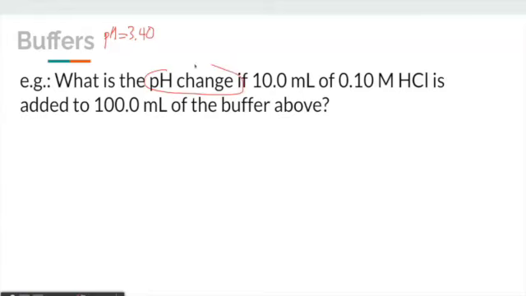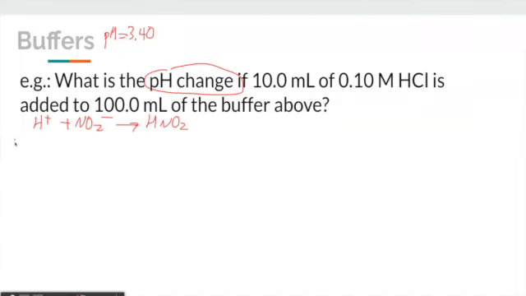So we want to know how much does the pH of this buffer change in this instance. Let's think about what's in the solution and what's going to change. So what's going to change is we have H+, and that's going to react with the conjugate base in the buffer and produce more of the conjugate acid that's in the buffer. So that's a one-way reaction because it's a strong acid, weak base, and so that's what's going to occur.